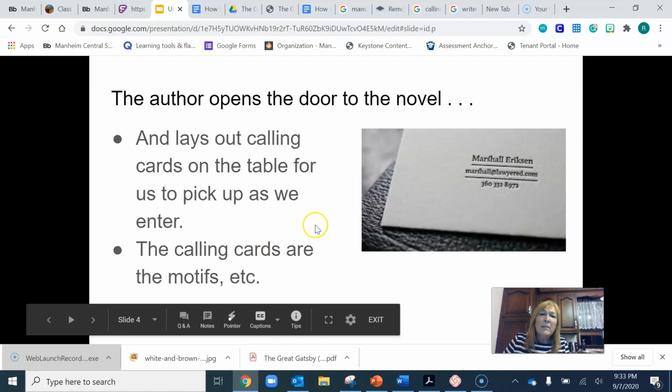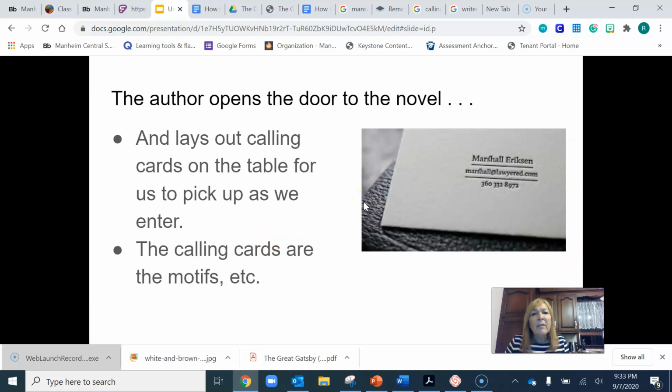So another way of looking at it is this. The author opens the door to the novel. There we are in the entranceway to the house, maybe the foyer, and the author lays out a calling card on the table for us to pick up as we enter. And there might be multiple calling cards. We as people in society don't leave a card.